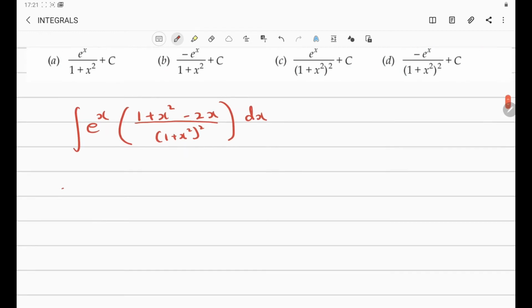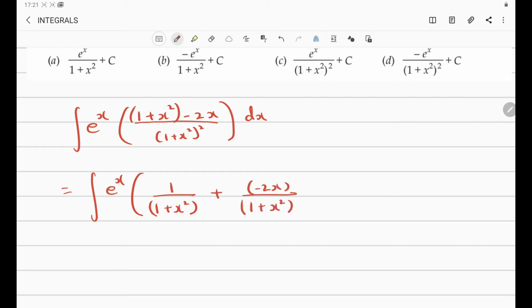So, we can further simplify this and write it as e power x times 1 plus x square by 1 plus x square whole square, which will be 1 by 1 plus x square, plus we can write this as minus 2x by 1 plus x square whole square dx.